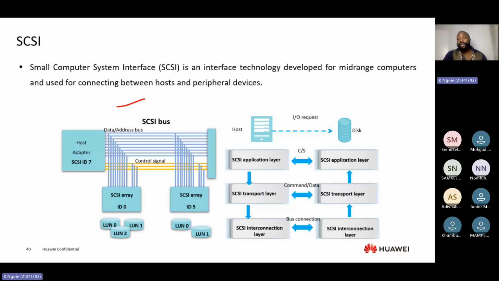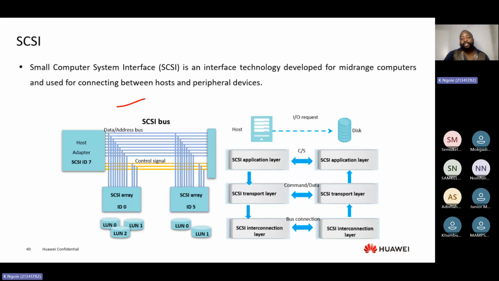All right, so this is just one of the common protocols. When you look at it, it's basically a set of standards that help you connect and transfer data between computers and certain devices such as storage, scanners, printers.